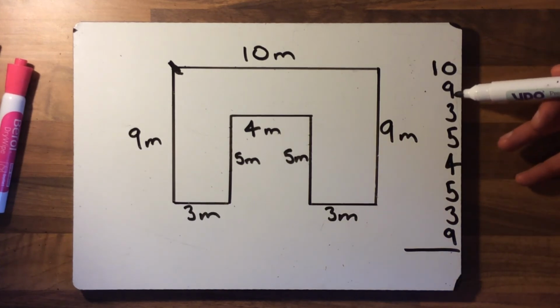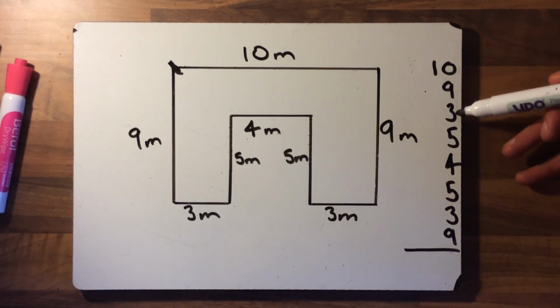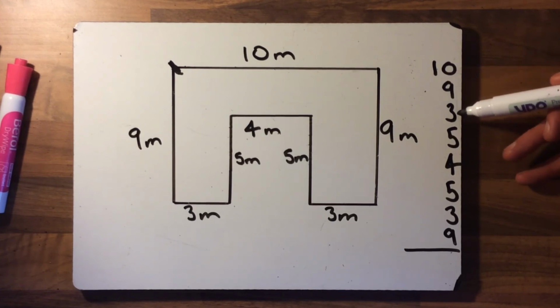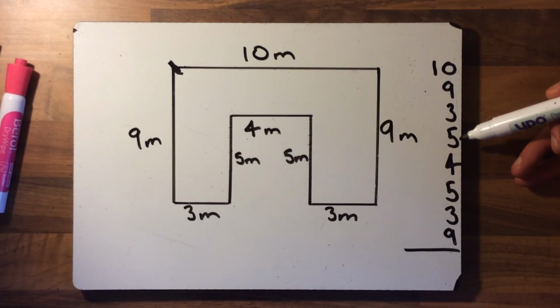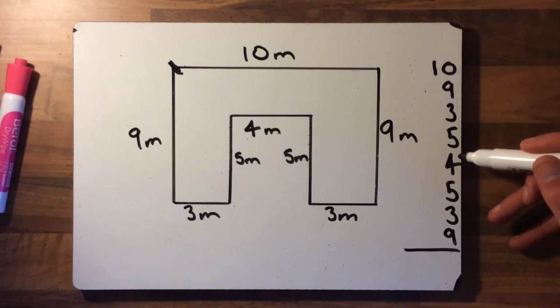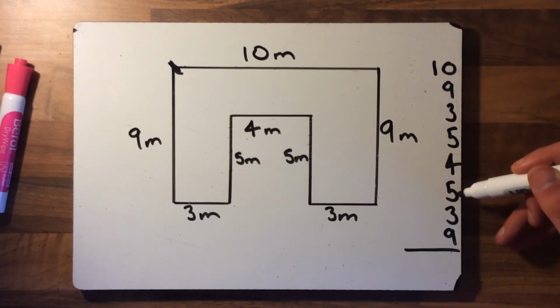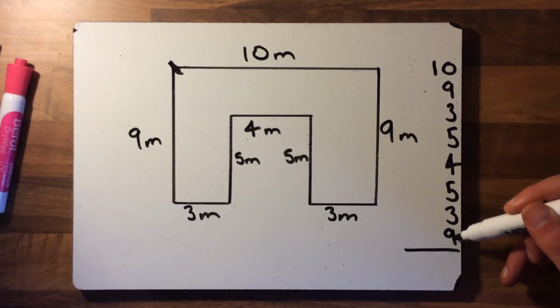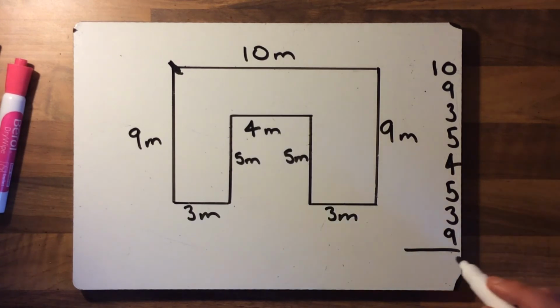So 0 with 9 is 9, add 3, going through, you see how you're not losing track here, is 12, add 5 is 17, then we add another 4 is 21, then we add another 5 is 26, then we add another 3 is 29, and then we add the 9 onto the top is 38.